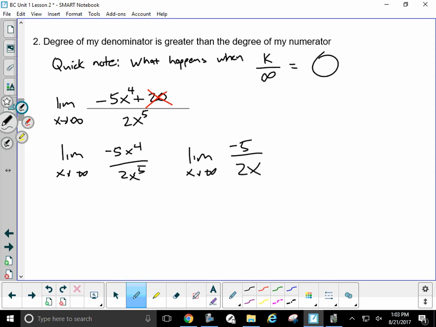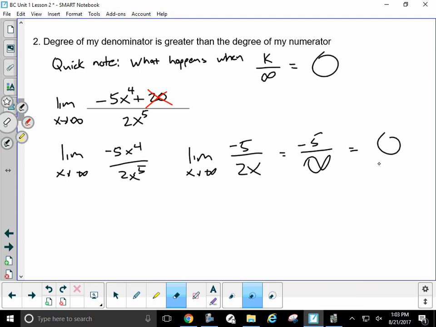Now, if I think about it conceptually, I plug in a huge number, multiplied by 2 would be a huge number, and I'm dividing it into negative 5. Well, it's going to be essentially 0. I don't care that I have a negative in the top and a positive huge number in the bottom. I'm still going to say it's going to be 0. I can say it's approaching 0 from the left side, but whatever. Let's just keep it there. Okay?